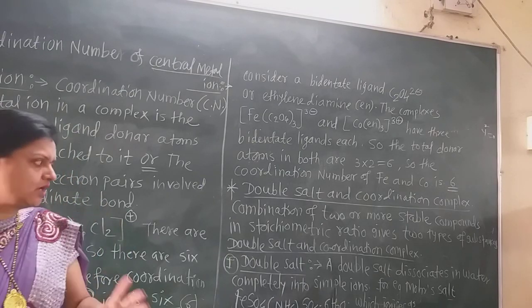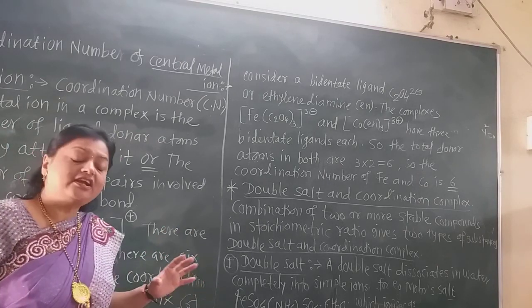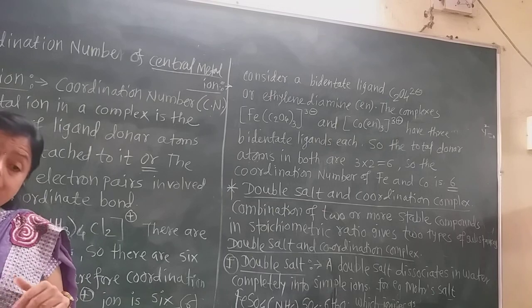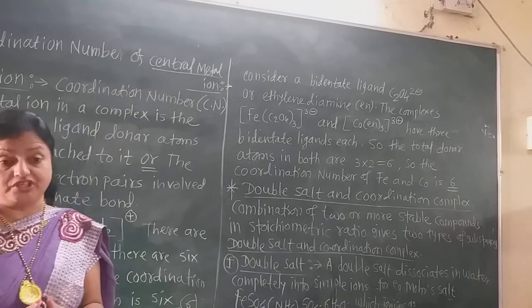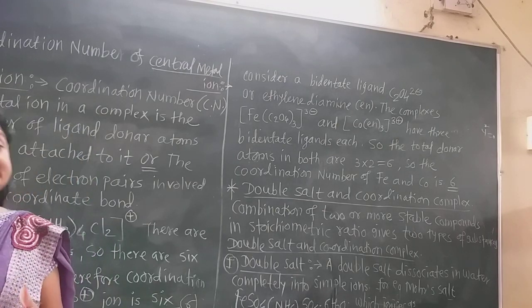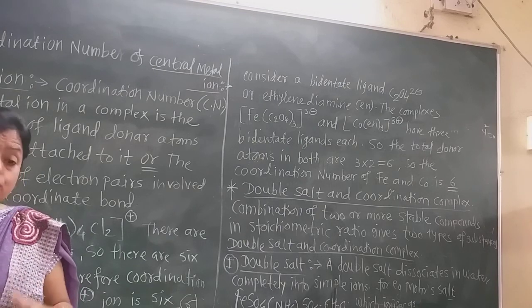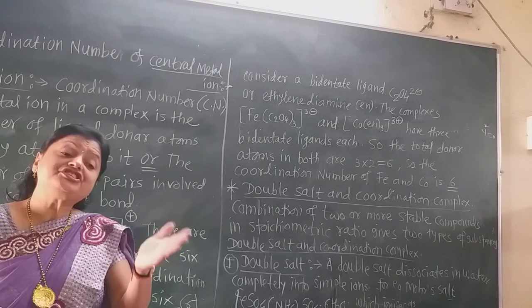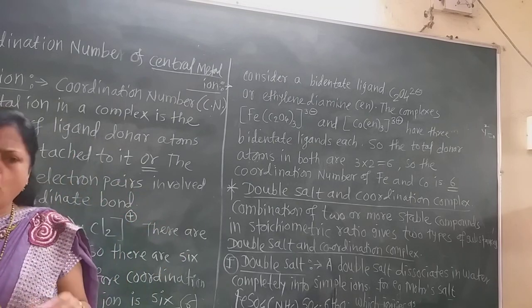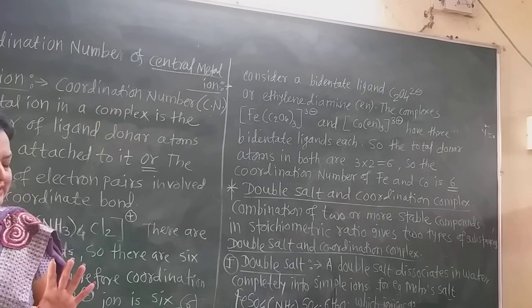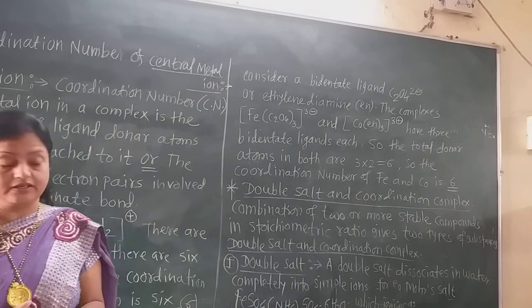Out of them, one is the double salt and another is the coordination complex. A double salt is a substance which dissociates completely in water into the simple ions from which it is formed. All ions get separated in a double salt.